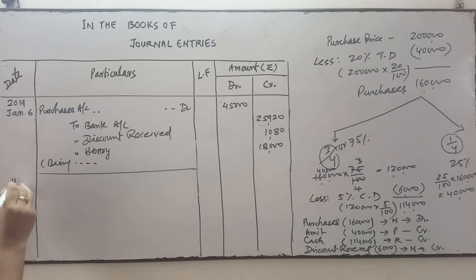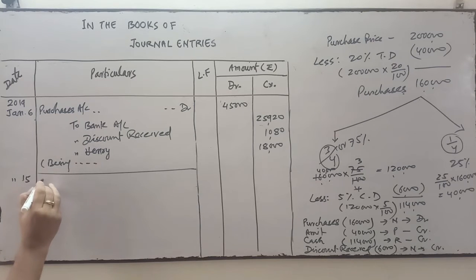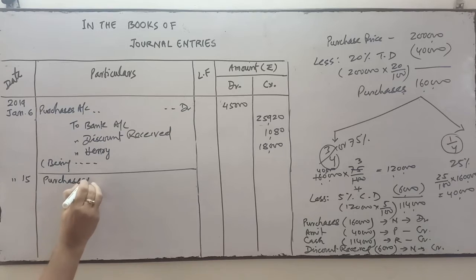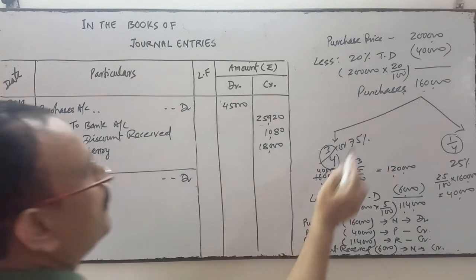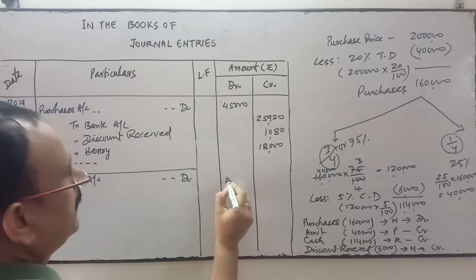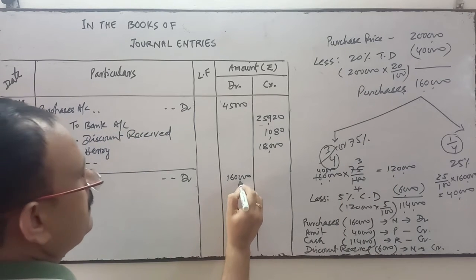So first of all you write the date, 15 January. Purchase account debit, which amount? 1,60,000. Okay, debit column 1,60,000.